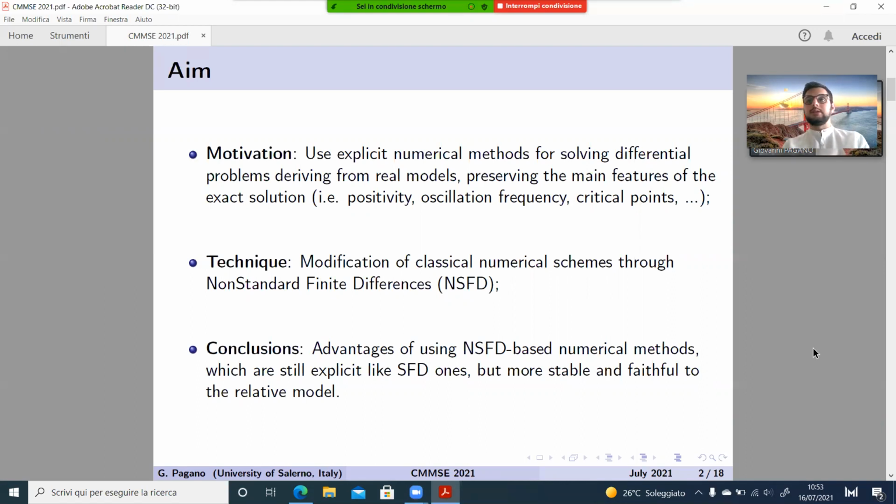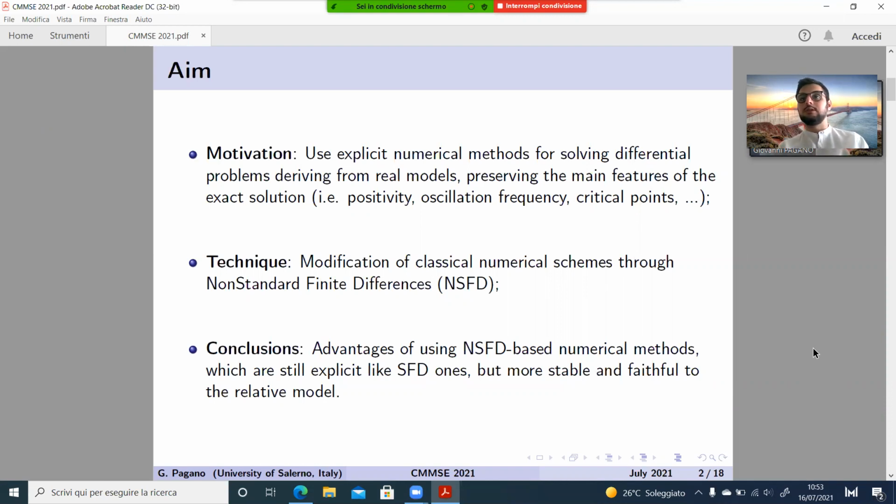From these real phenomena, we can obtain models of ordinary and partial differential equations, and we know that the exact solution of these models must be, for example, positive, or an oscillating solution, and so on.